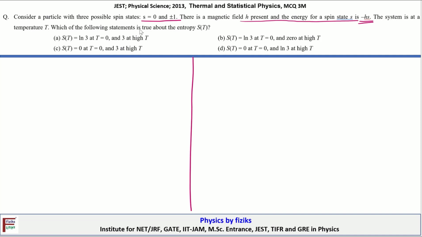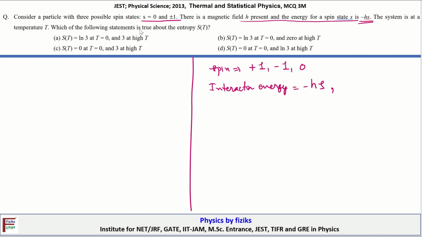Okay, so it's given that the possible spin orientations are plus 1, minus 1 or 0. Okay, and the interaction energy is given as minus H multiplied by S. So this way we obtain three interaction energies, and what are those?